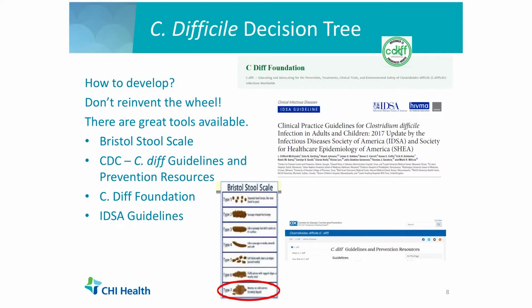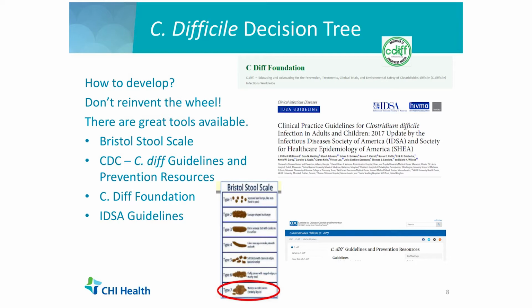So how do you develop a tool like that? Well, first of all, don't reinvent the wheel, of course. There's lots of great tools out there and lots of things you can get information from. There's the Bristol Stool Scale, which we use. The CDC has C. diff guidelines and prevention resources. They're a great resource for everything, of course.